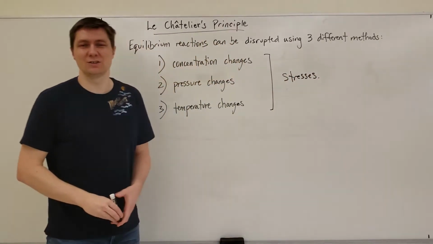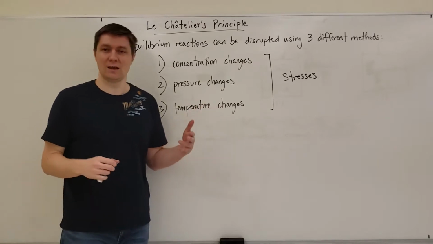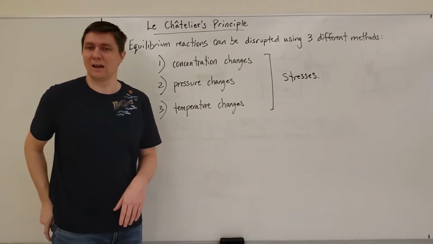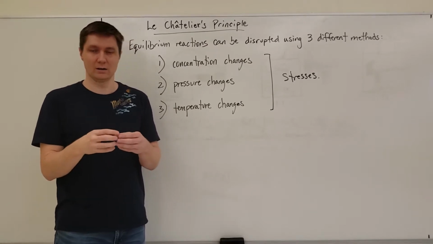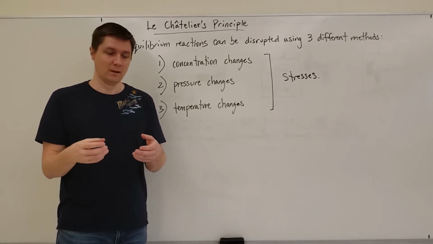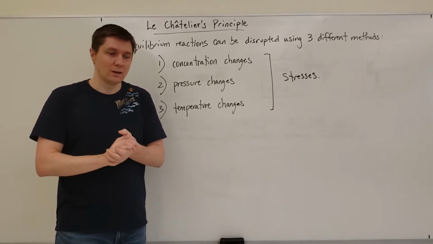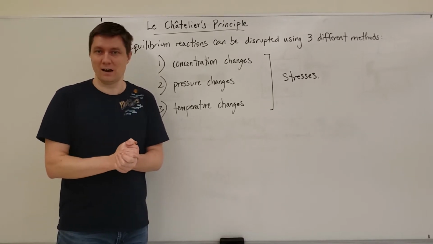So the analogy that I like to use to describe this, and how it is analogous to a real life situation, is a hair elastic. A hair elastic has a particular shape. And if you squish that hair elastic up in your hands, you're disrupting its shape.